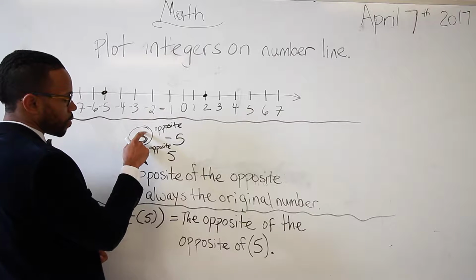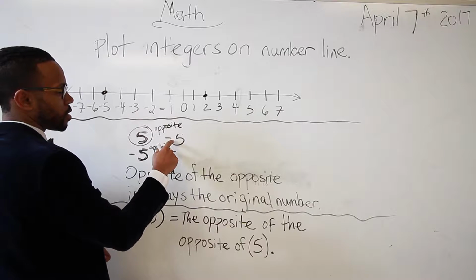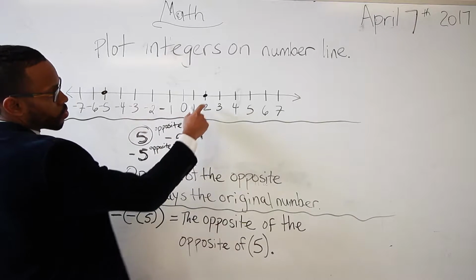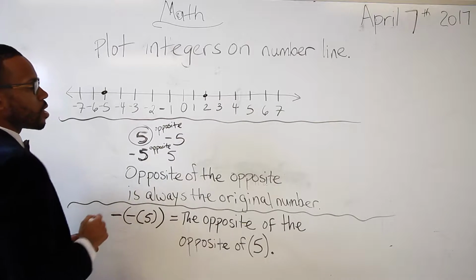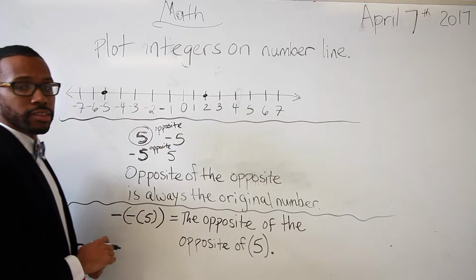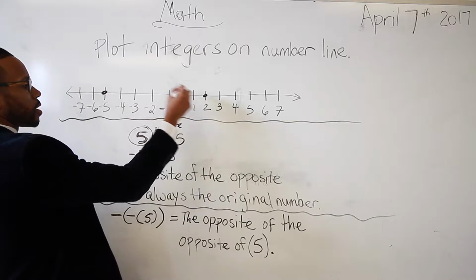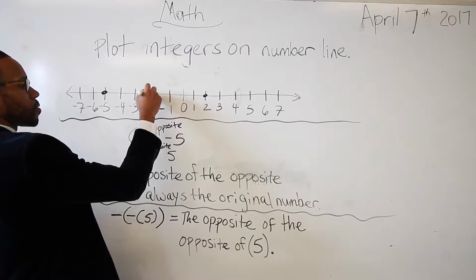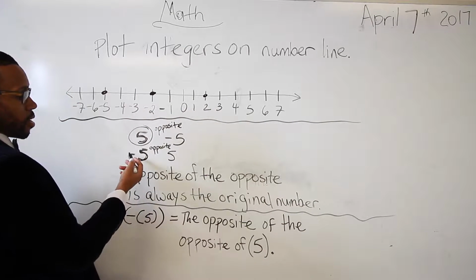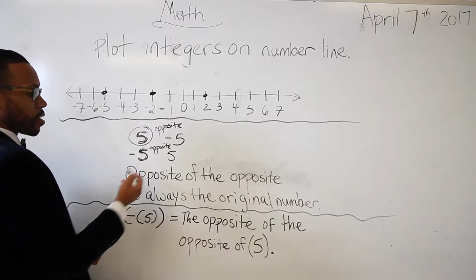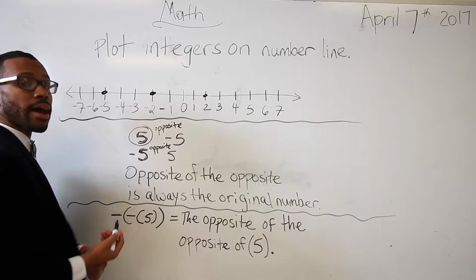The opposite of 5 is -5. Let's use our number line again. If I have the +2 that I first plotted before, what would be the opposite of that +2? It would be -2. What would be the opposite of -5? It would be 5, right?